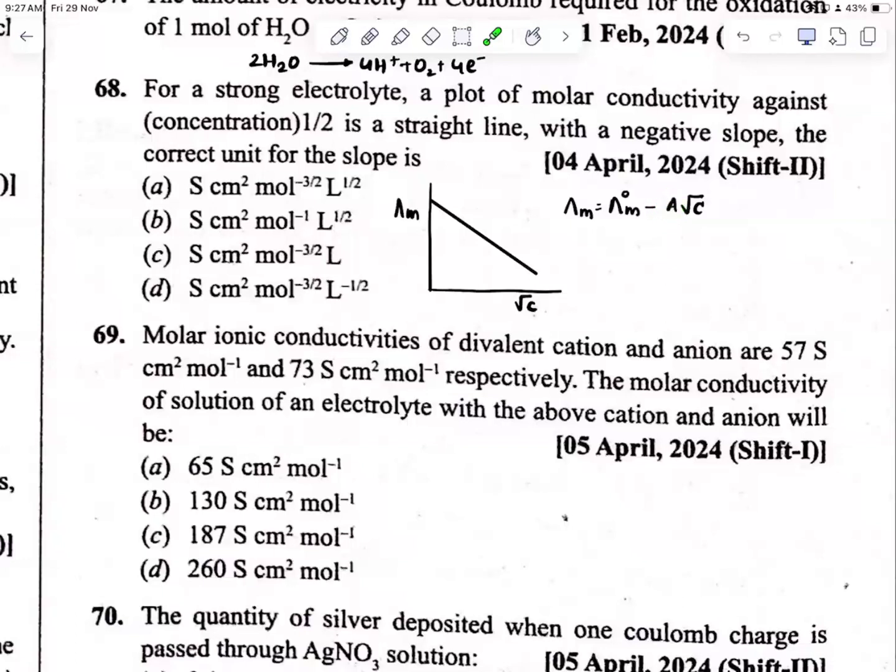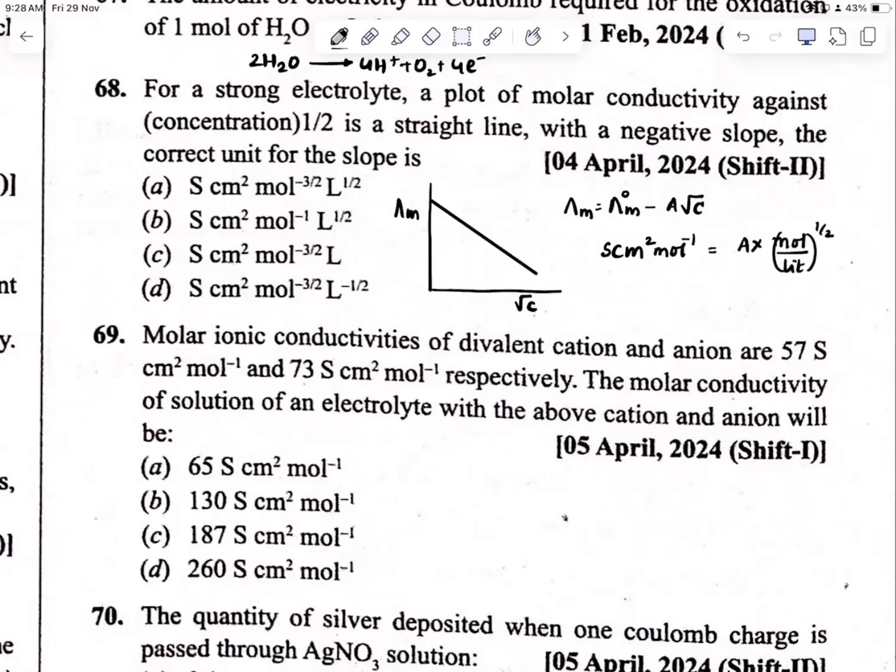The units of A, this entire thing should be the same as the units of conductance. So molar conductance is Siemens centimeter square and mole inverse. That is equal to A into root of concentration. Root of concentration means it has to be mole per liter, mole per liter under root of half.